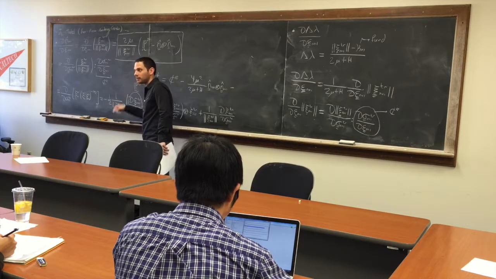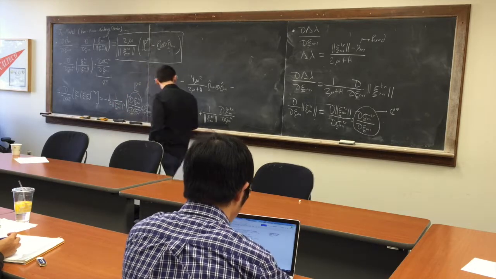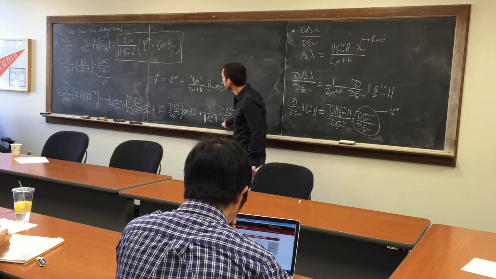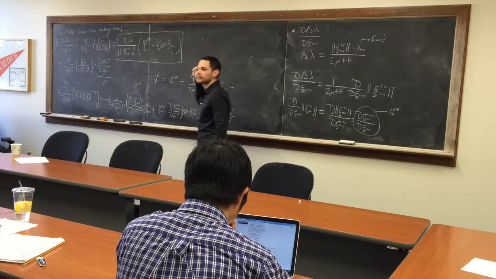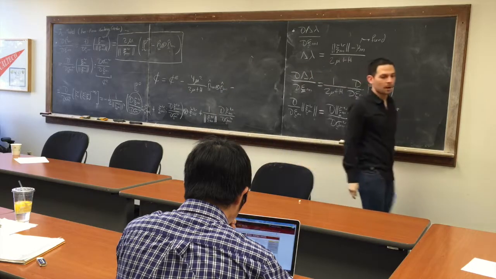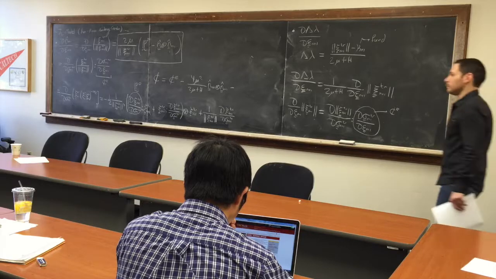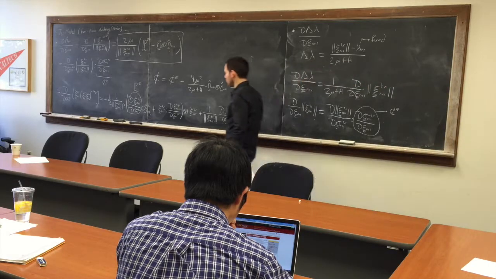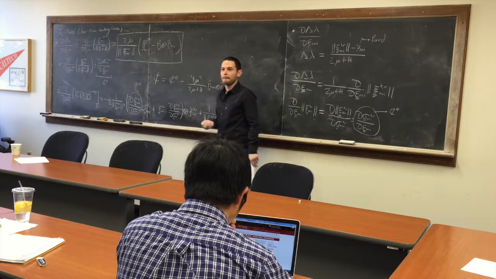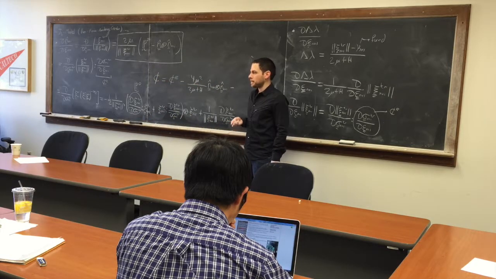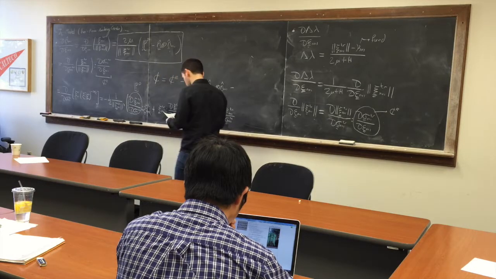So you get n times n, and you're left with only one norm that appears here. That's one. Is that clear for everyone? Well, let's keep going.